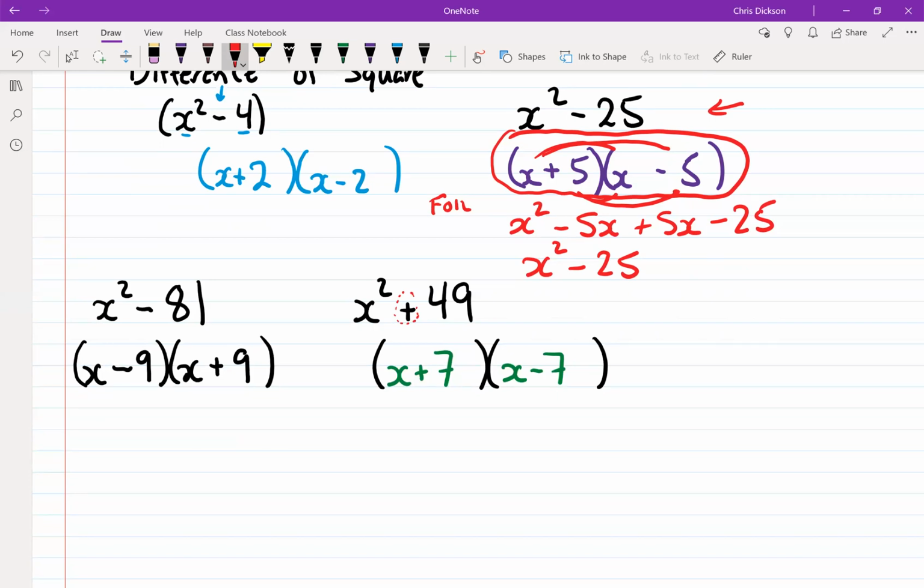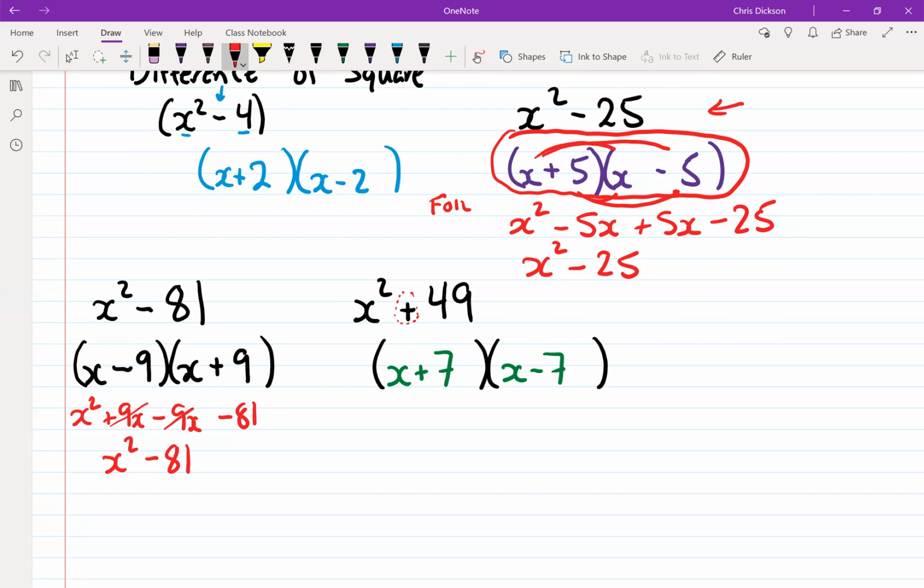So let's expand the 2 out and see if this makes sense. So x squared plus 9x, if I use FOIL, minus 9x minus 81. So x squared minus 81. Once again, notice that those two middle terms are going to cancel.